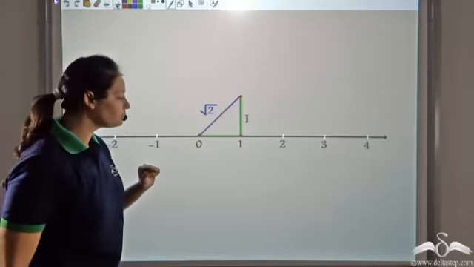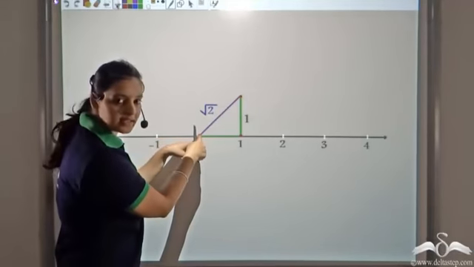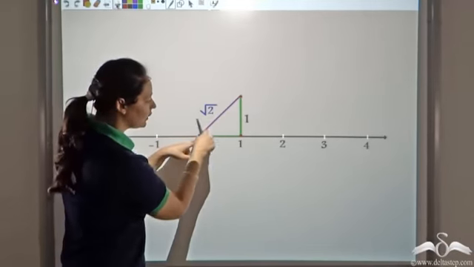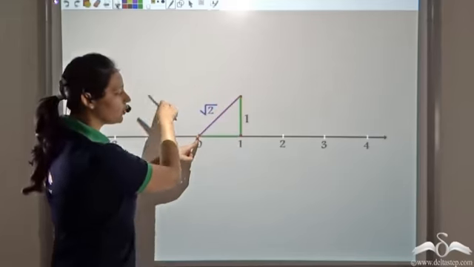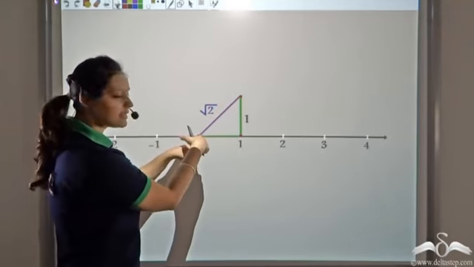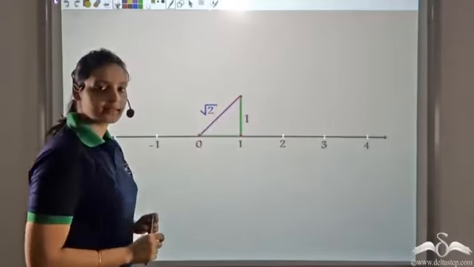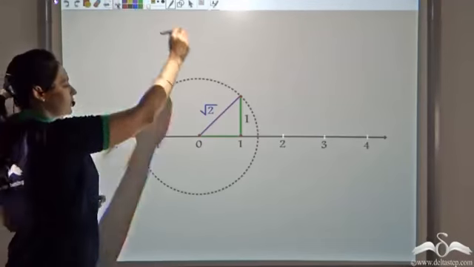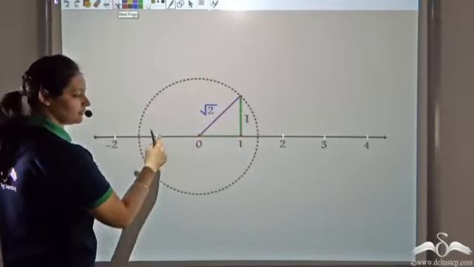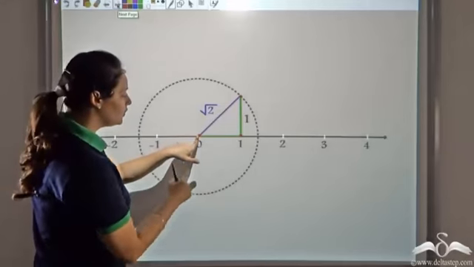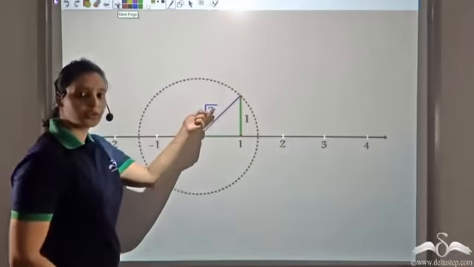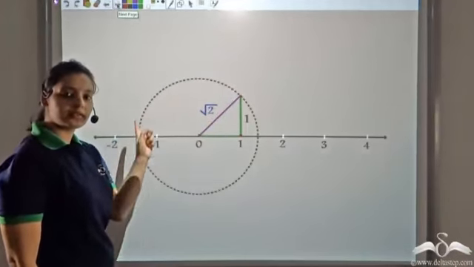So what do I do? I take this as my center, that is 0 as the center, and under root 2 as my radius, and I draw a circle around it. So if I draw a circle, I get this. Now I know that this line, which is under root 2, is nothing but the radius of this circle.